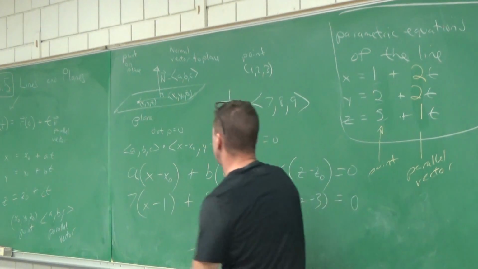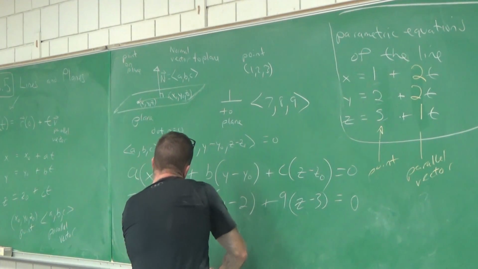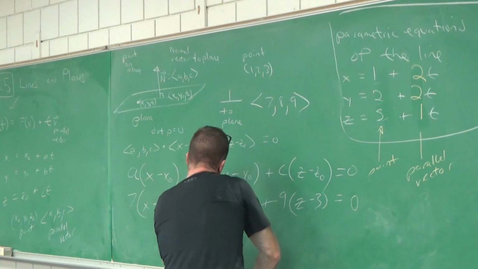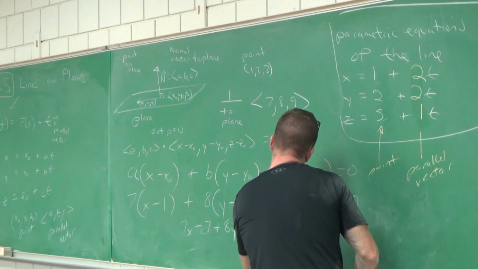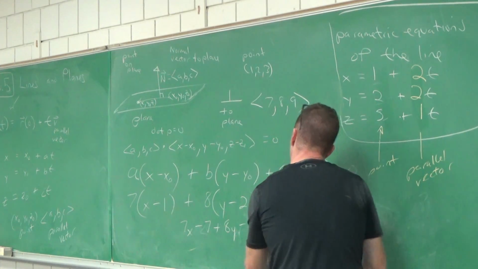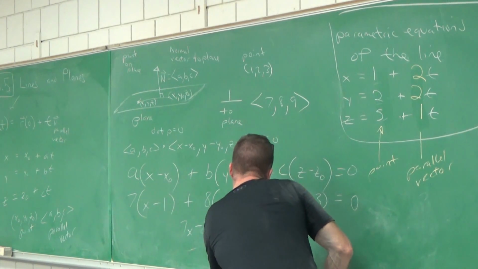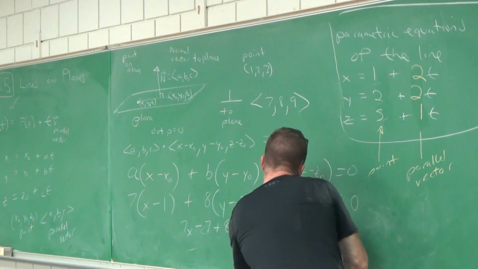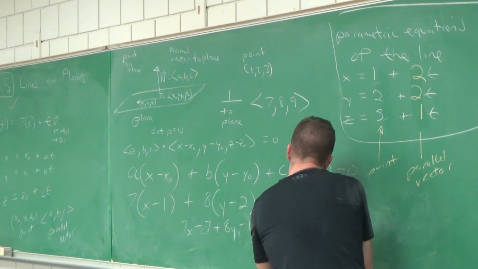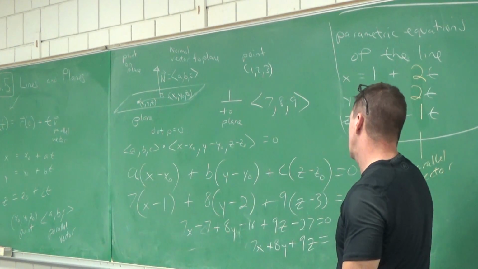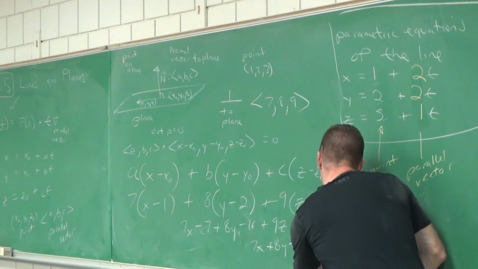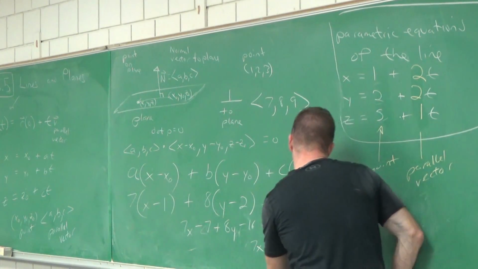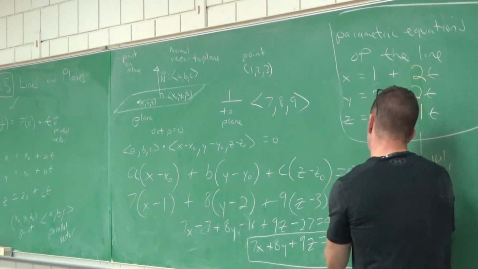What do we get here? 7x minus 7 plus 8y minus 16 plus 9z minus 27 equals 0, or 7x plus 8y plus 9z equals, is it 50? No, that's better.